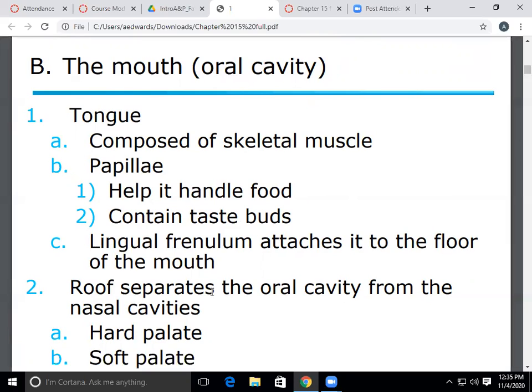And a piece of tissue called the lingual frenulum attaches your tongue to the floor of your mouth. Now, the roof of your mouth, the top of your mouth, separates your oral cavity from your nasal cavity. And the roof is composed of your hard palate and your soft palate.